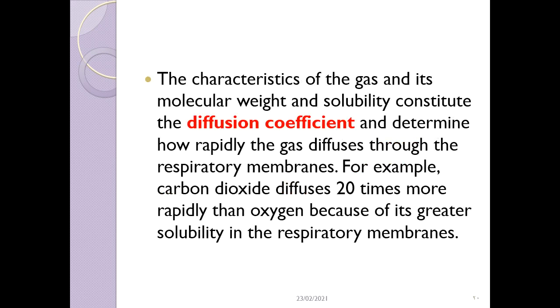The characteristics of the gases, their molecular weight and solubility, constitute the diffusion coefficient and determine how rapidly the gas diffuses through the respiratory membrane. For example, carbon dioxide diffuses 20 times more rapidly than oxygen because of its greater solubility in the respiratory membrane.